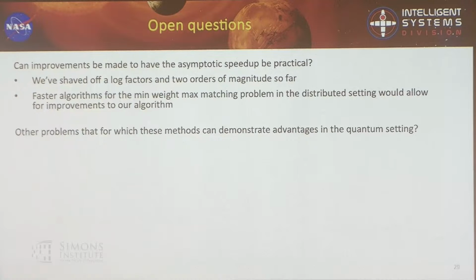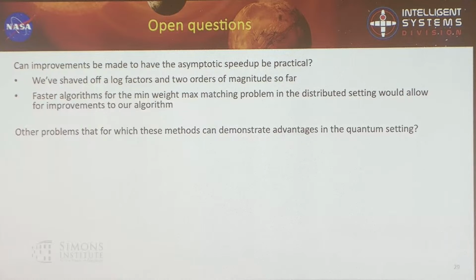But we have a lot of open questions. The big open question, of course, is can improvements be made to make this exciting asymptotic speed up actually practical in some cases? And as I mentioned, we shaved off 2 orders of magnitude.